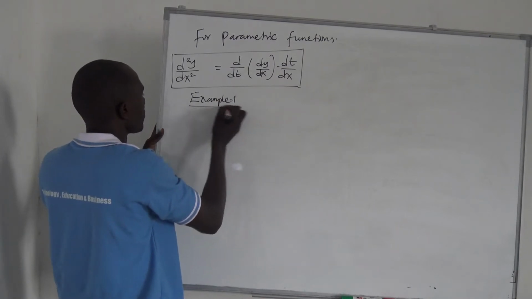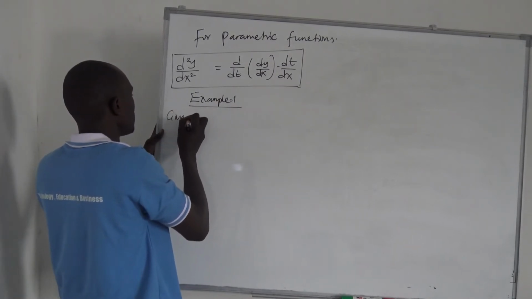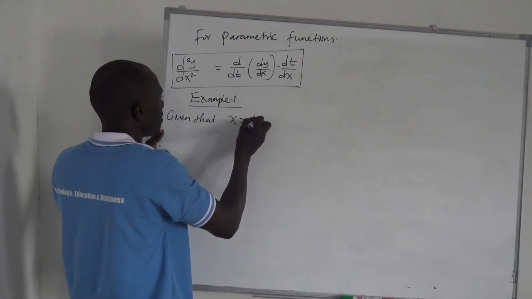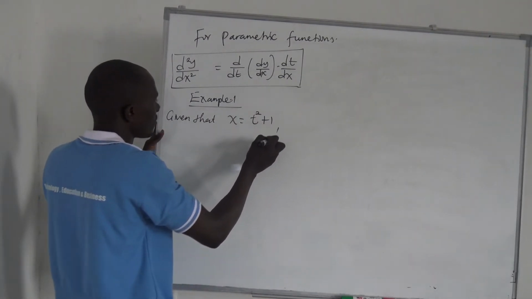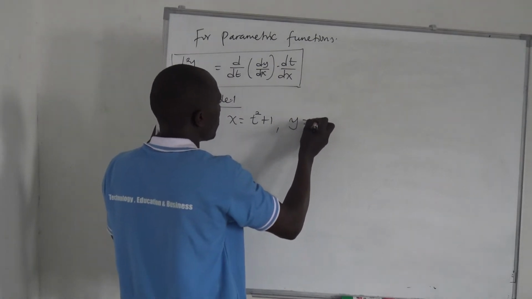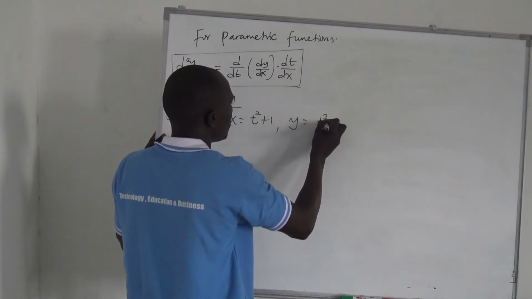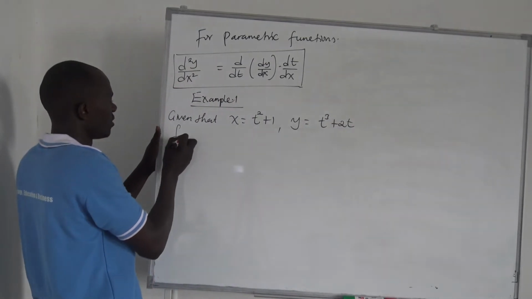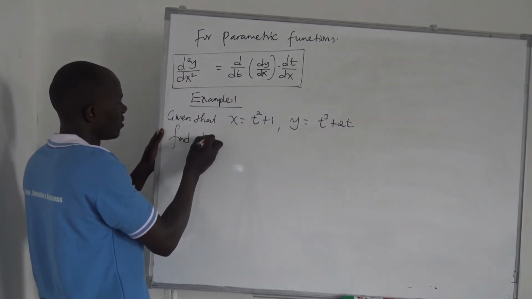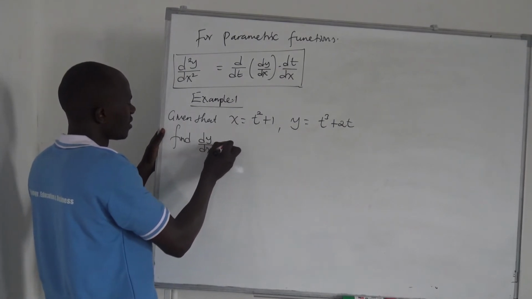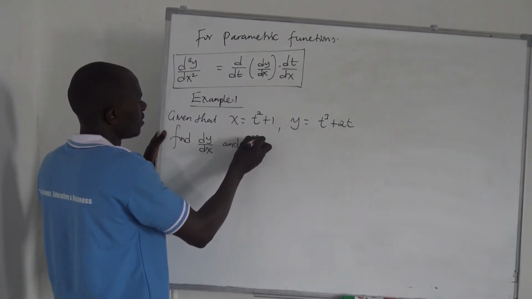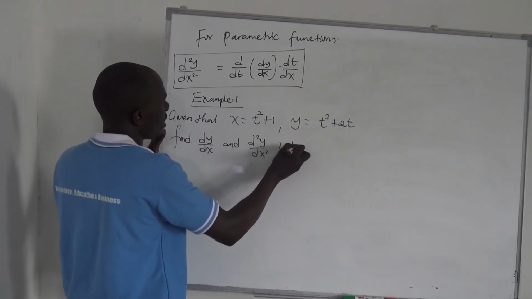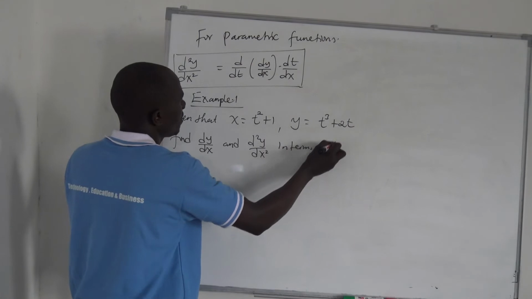Example 1. Given that x equals t squared plus 1, y equals t cubed plus 2t, find dy dx and d2y dx squared in terms of t.